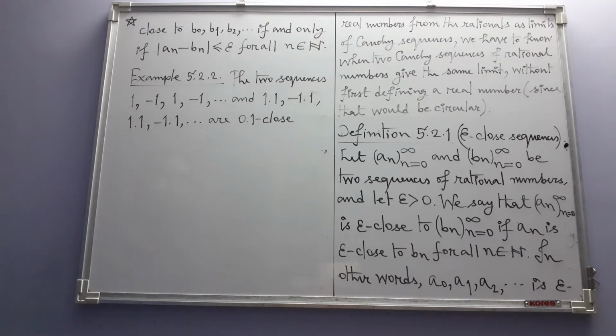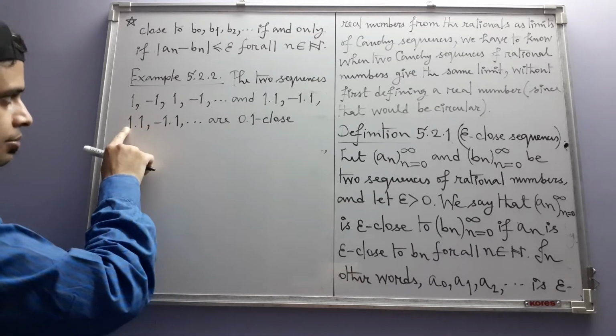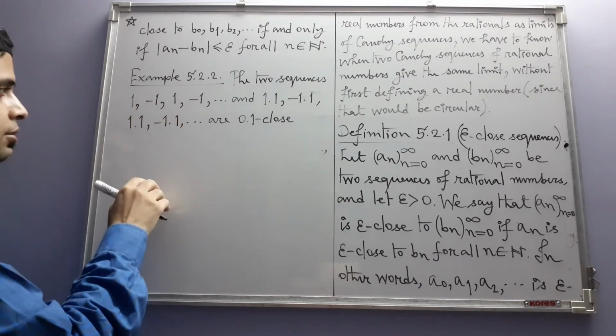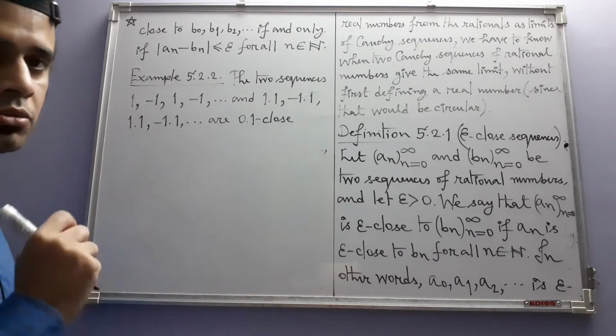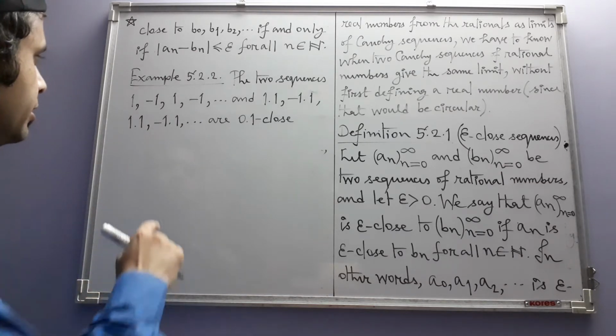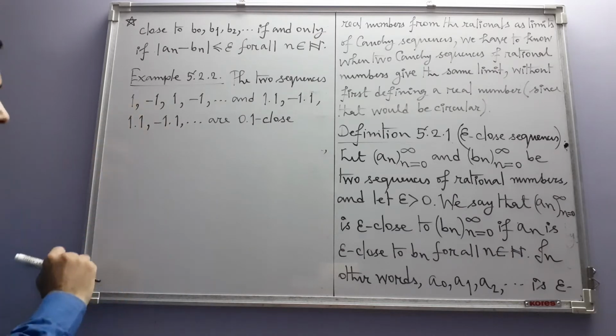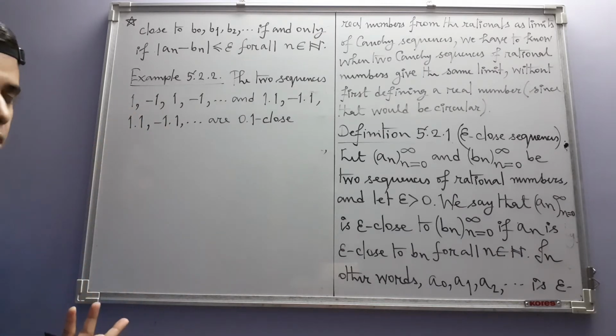Because the difference between corresponding terms of these sequences, all of them are equal to 0.1. You can clearly see 1.1 minus 1 is 0.1.